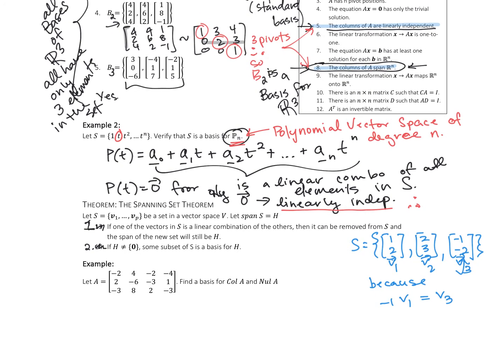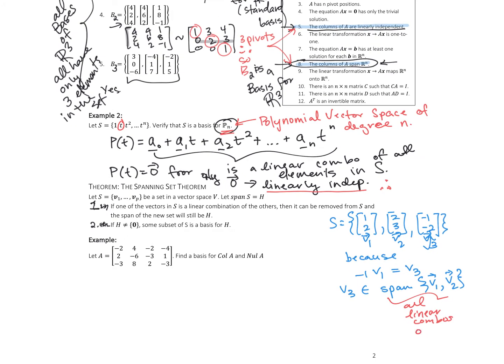And what that tells me is that V3 would be an element of the span of just V1 and V2, right? Because the span, by definition, is all linear combos of those vectors, and I don't need to explicitly state every single one of those linear combinations.